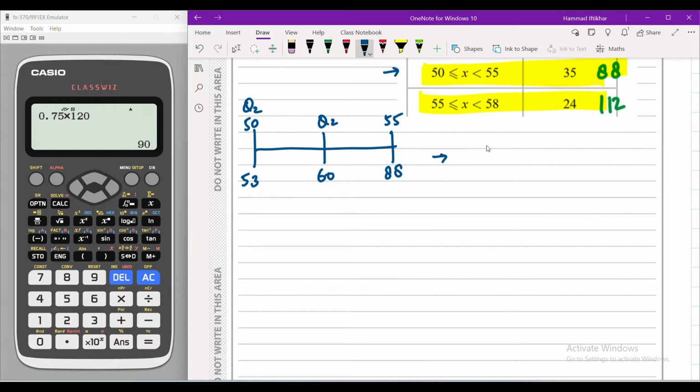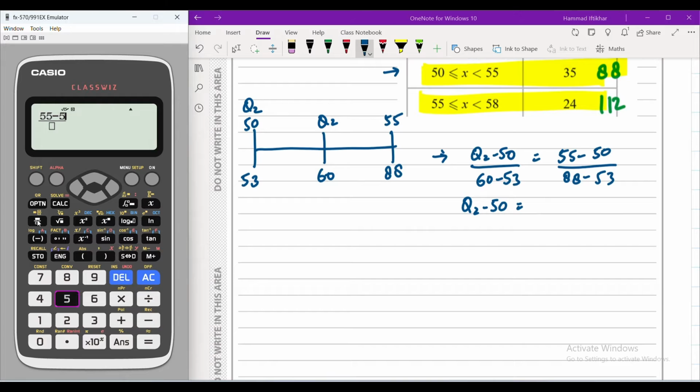So what we write is Q2 minus 50 divided by 60 minus 53 equals 55 minus 50 divided by 88 minus 53. Let's simplify this a little bit. We have 55 minus 50 divided by 88 minus 53, times 60 minus 53, and then finally we add 50 onto it, so that is 51.